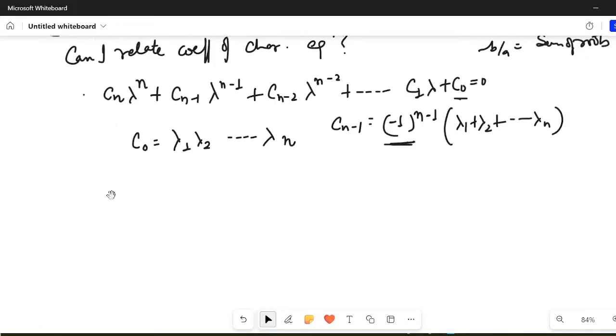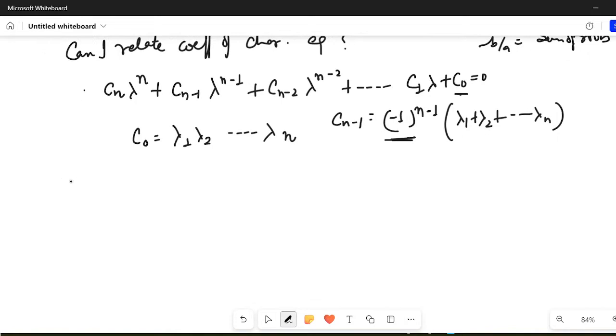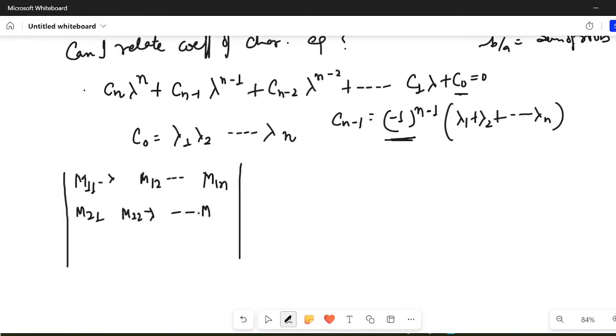Now you see, if I want to write the secular determinant, what would it be? If I'm taking the matrix M, the secular determinant will be m11 minus lambda, m12, and then m1n, then m21, m22 minus lambda, dash dash dash m2n, and then mn1, mn2, and dash dash dash mnn minus lambda.